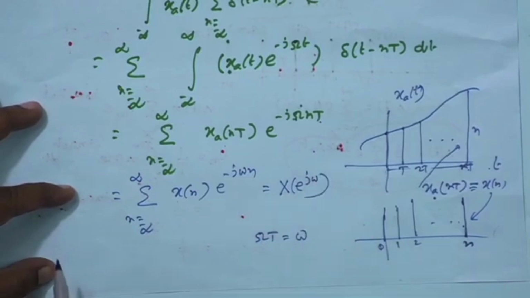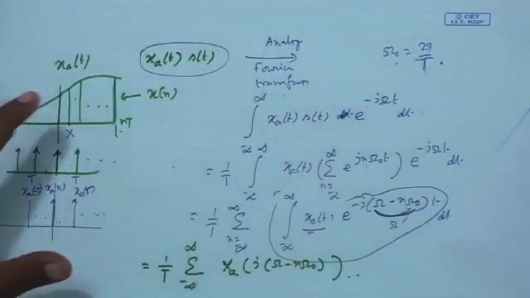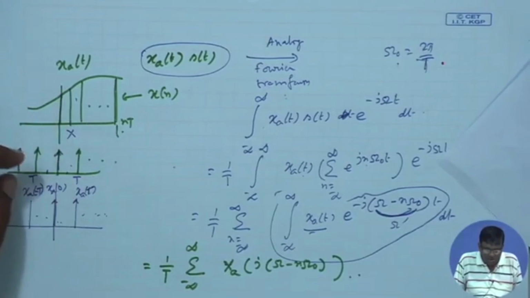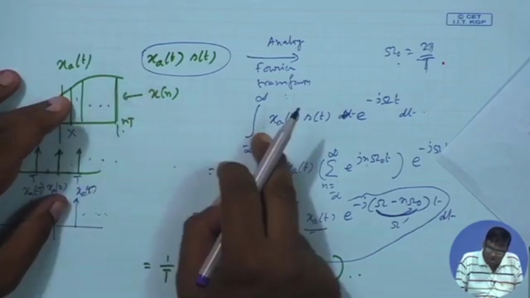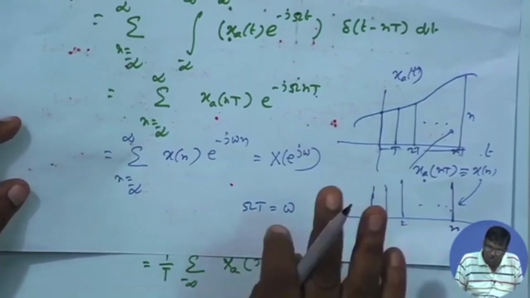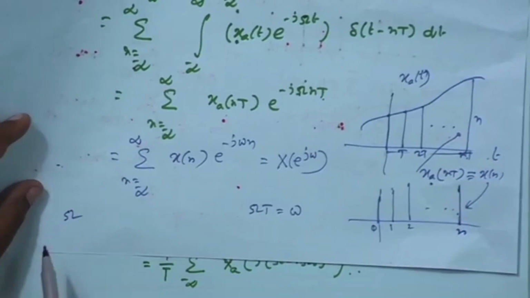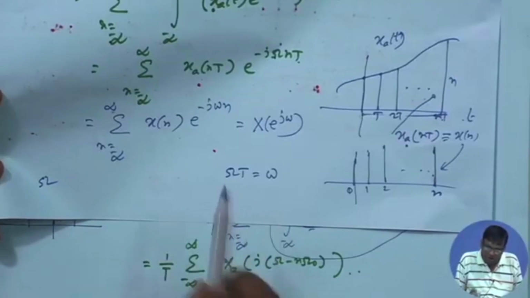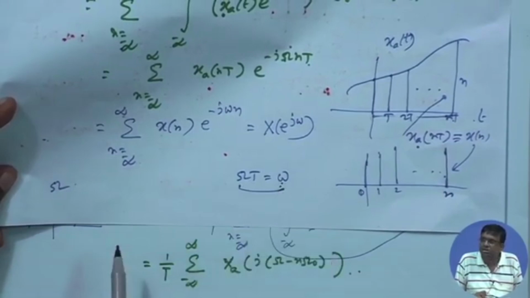So we get a fantastic thing: if we multiply such an x_a(t) by a train of impulses, a periodic train of impulses with period capital T, then take the Fourier transform of it, the analog Fourier transform at analog frequency capital omega, what you get is nothing but the DTFT of the sample sequence at a digital frequency small omega, where capital omega and small omega are related by this.